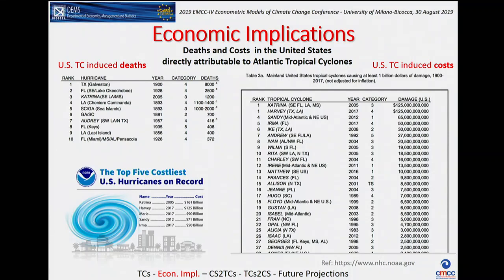So if you take a look at the list, I don't know if you can read these numbers, in the left table here you have the ranking of the tropical cyclones with the highest impact. In terms of number of deaths, in the first 5 you can see that more than 1,000 deaths per tropical cyclone is found.